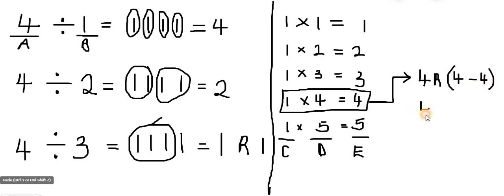So that's 4, remainder 0, which is just equal to 4. That's using the times table to do 4 divided by 1.